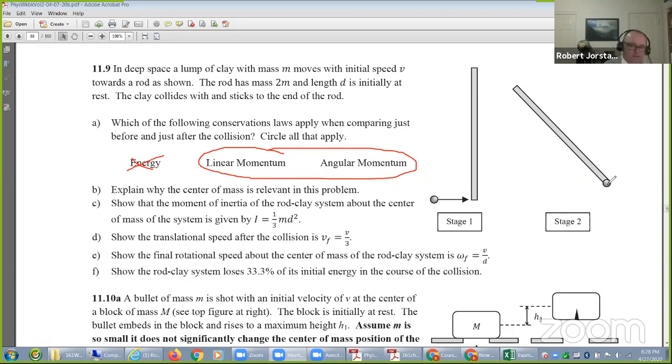So energy is conserved if you think of the entire universe and the energy inside the molecules of the clay, but we can't compute that.